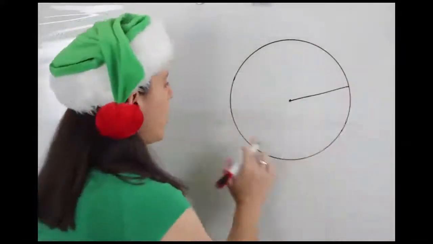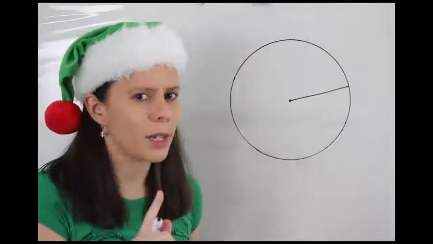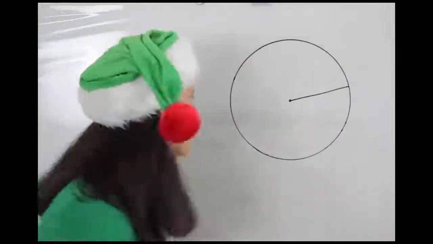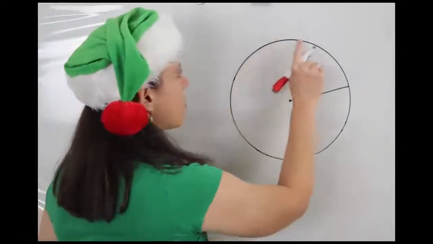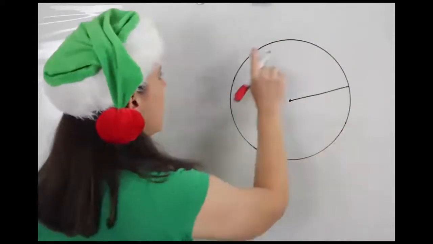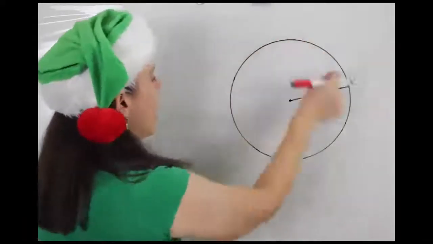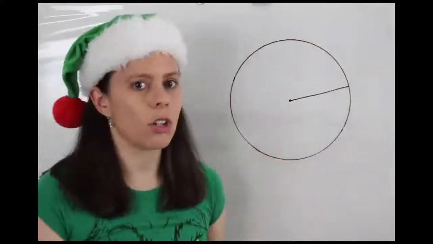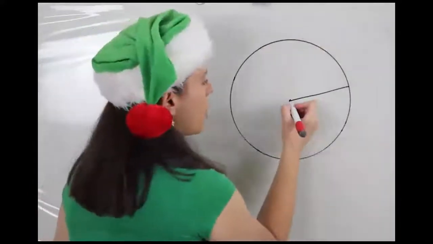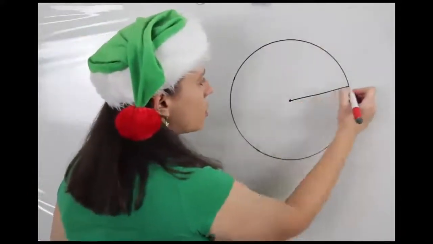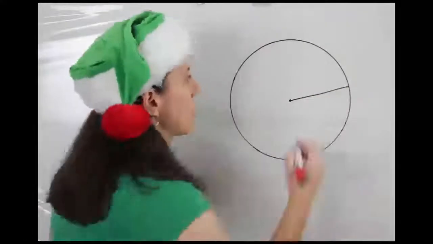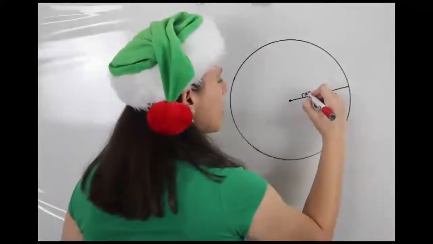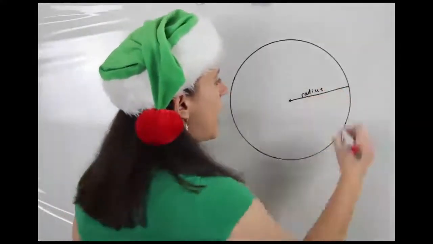All of this section right here, this black edge that forms the circle, that is called the circumference. All right. So if I draw a line from the center to the edge, or to the circumference, that is called the radius. And we normally just abbreviate it as R.